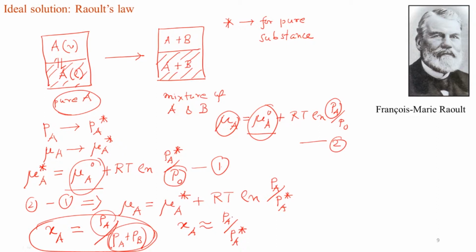But Raoult approximated that the mole fraction is nothing but the partial pressure divided by the vapor pressure of the liquid in its pure form. So this is known as Raoult's law.